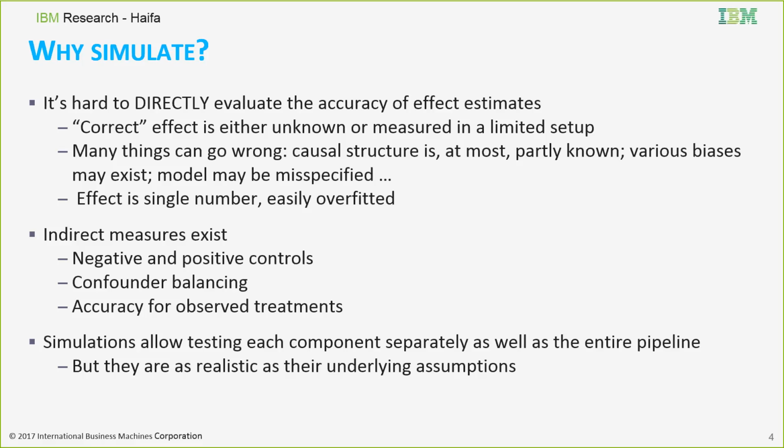That's a kind of negative control. You can also take some positive control. There are different ways to do that; I won't go into this. You can also test whether the confounders are balanced, using inverse probability weighting.